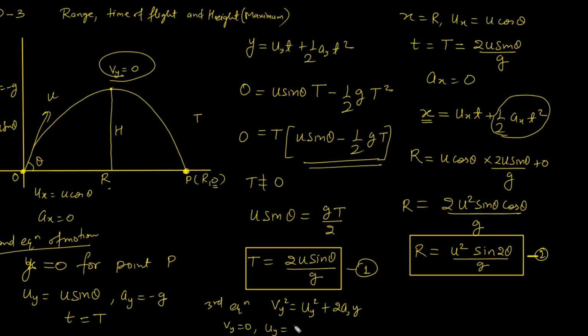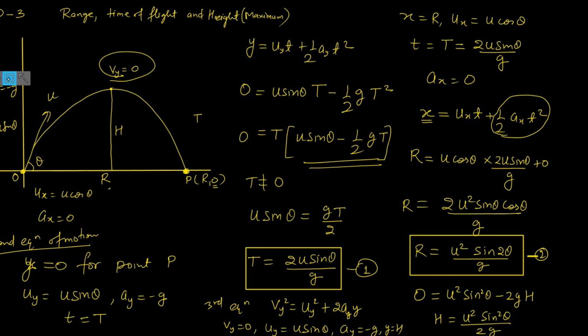Uy I know is u sine theta, ay is minus g, and the value of y will be H. So all these parameters I will put in the above equation. So it will become 0 equals u square sine square theta minus 2g capital H. So H will be equal to u square sine square theta upon 2g. This is the third derivation.